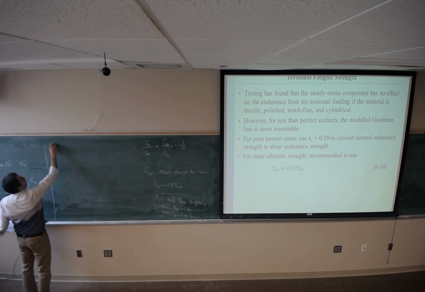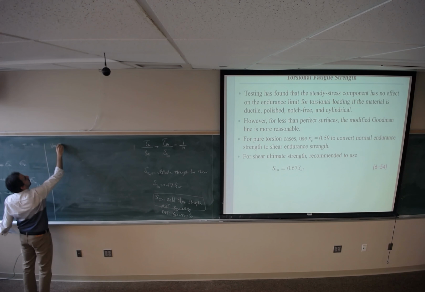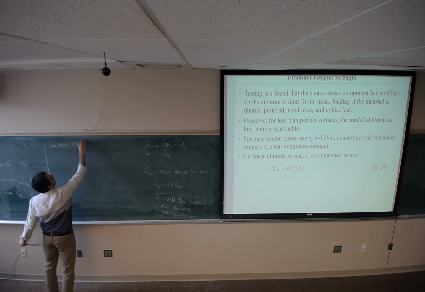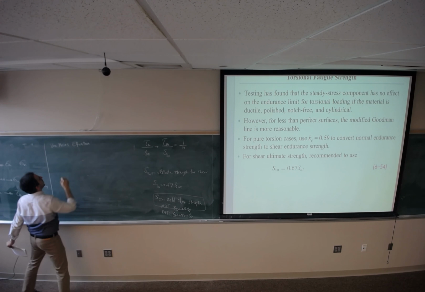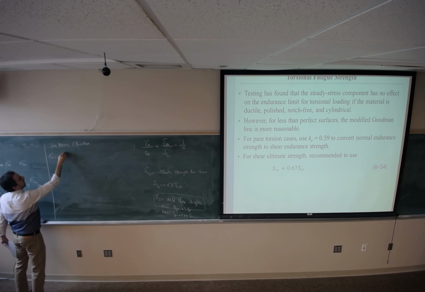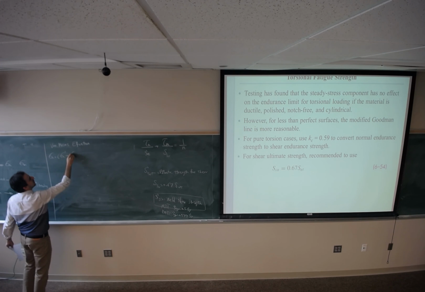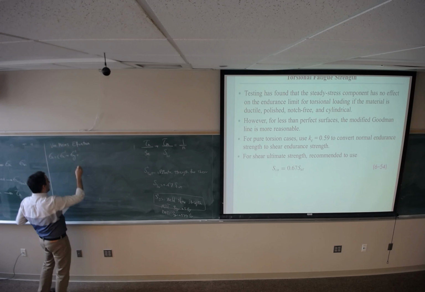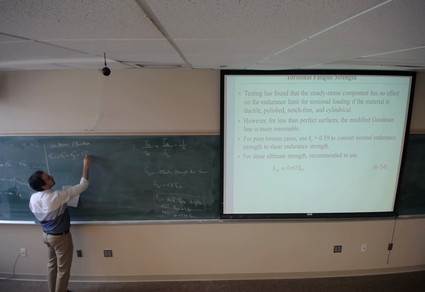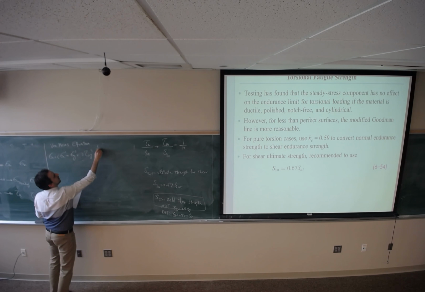We use the von Mises equation. If you remember, von Mises stress was the square root of sigma x squared plus sigma y squared plus 3 times tau xy squared.